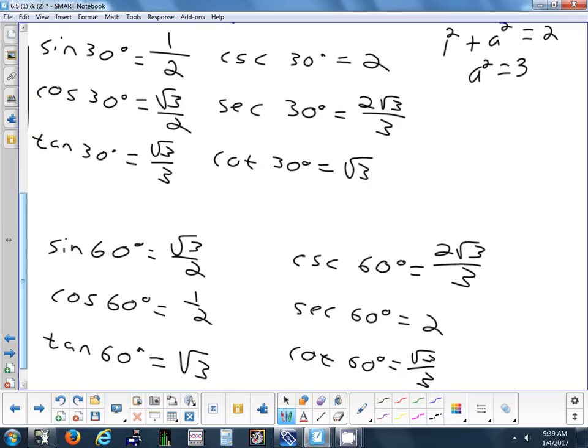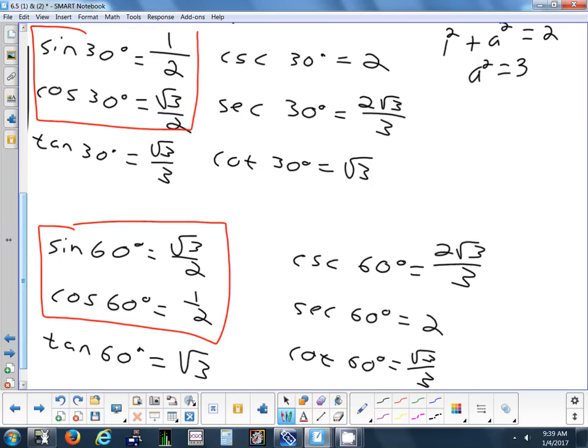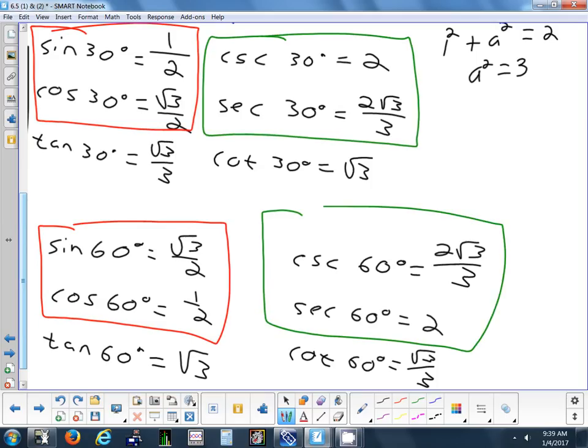Anybody help her out? Nick? Sine. Yeah. These 2 switched places. Notice the sine of 30 is the same as the cosine of 60, and the sine of 60 is the same as the cosine of 30. Which other 2 switch places? Secant and cosecant. Yep. These 2 switch places with these 2. And the last 2 to switch places were the tangent and the cotangent.